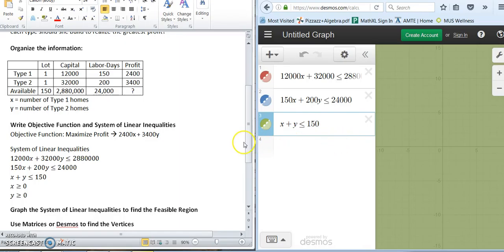Okay, I'm going to choose to not put on the inequalities 4 and 5 and just know that I have to be in quadrant 1. Let's see, I want to zoom out. That's what I want to do.